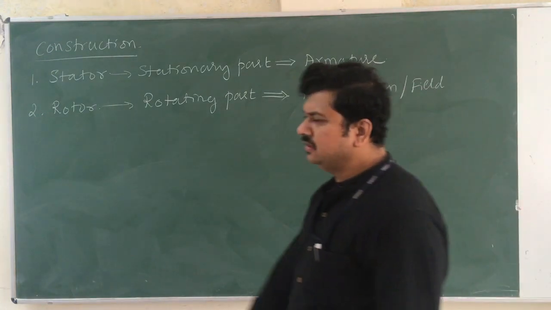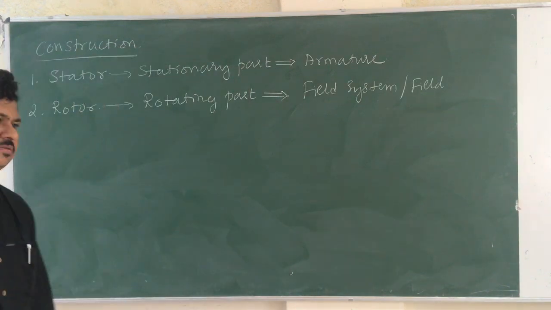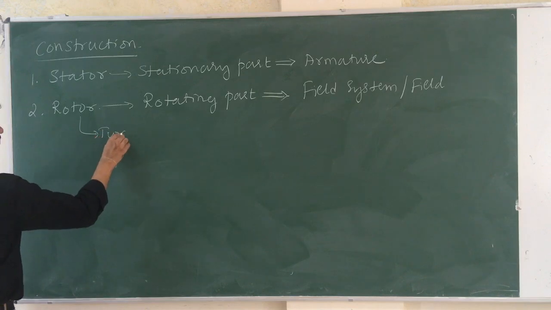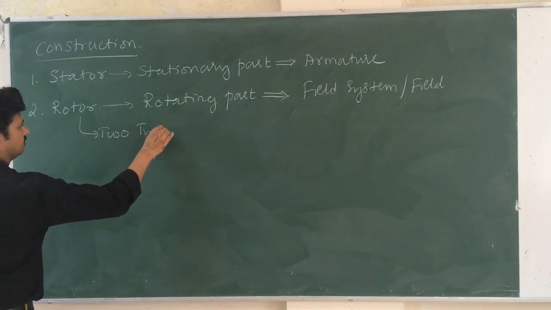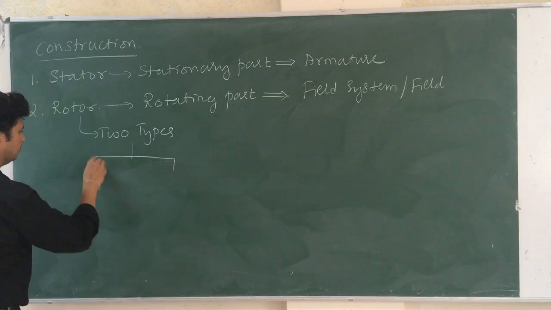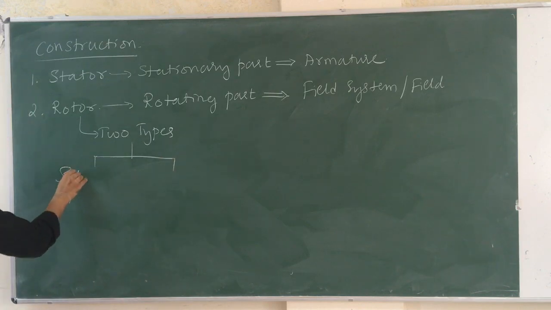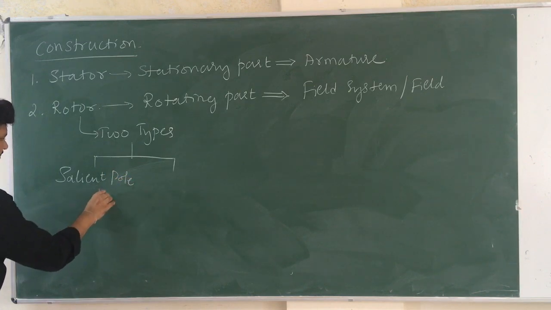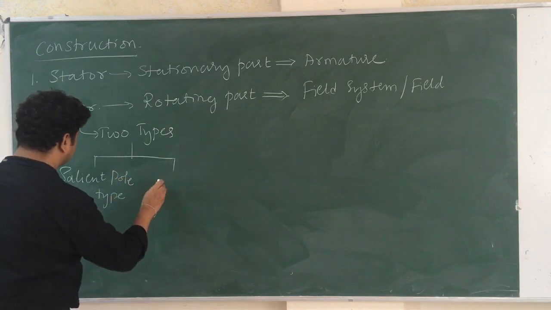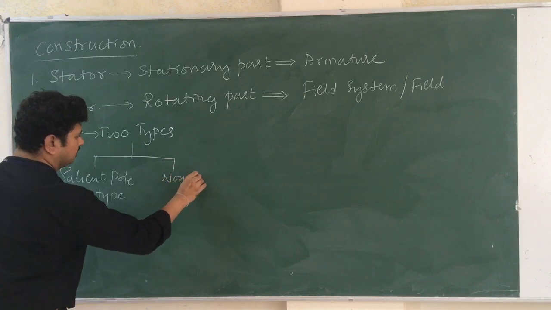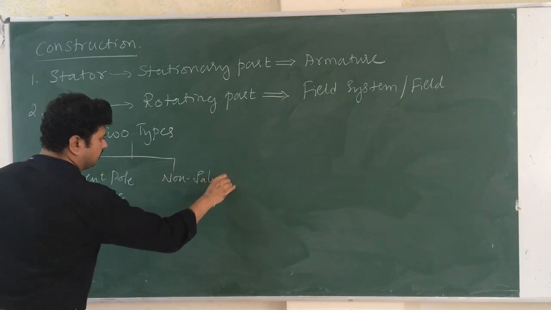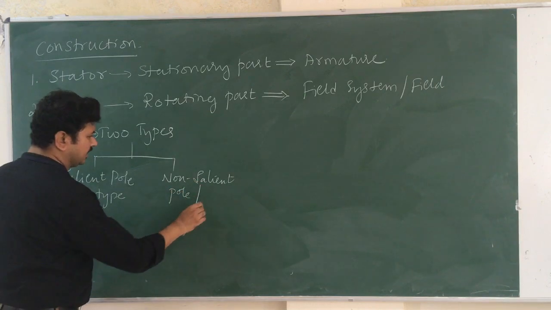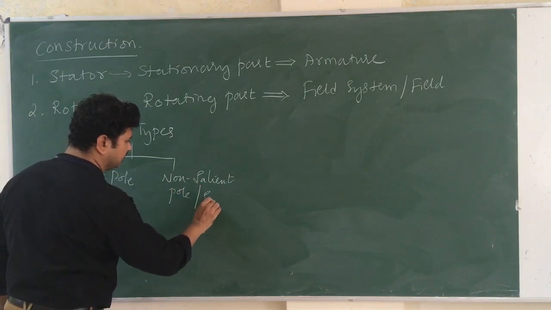And in the rotor, there are two types. We have two types of rotor. One is salient pole type. Second is non-salient pole, or cylindrical, smooth cylindrical.